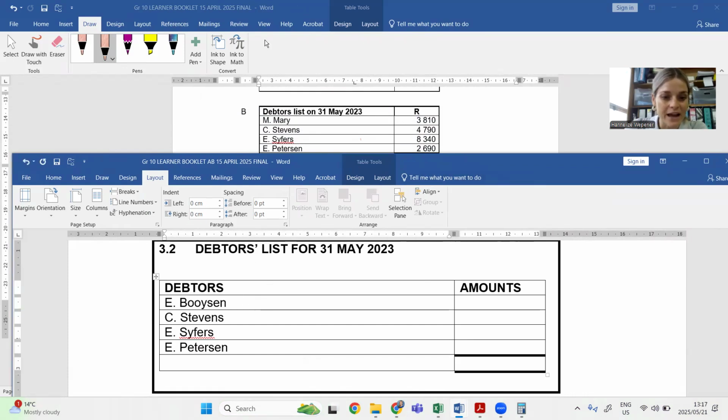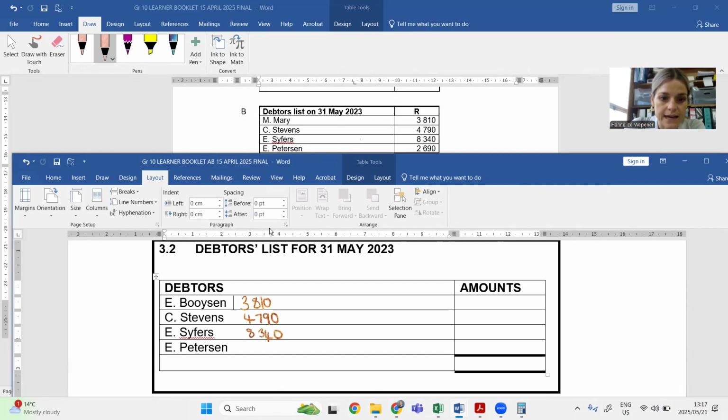So our debtor Boyson, I'm going to stick to that because I know the adjustments also refer to Boyson, is 3,810, our incorrect balance. And then 4,790 for Stevens, and then 8,340.